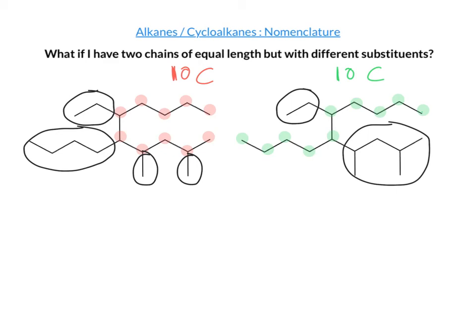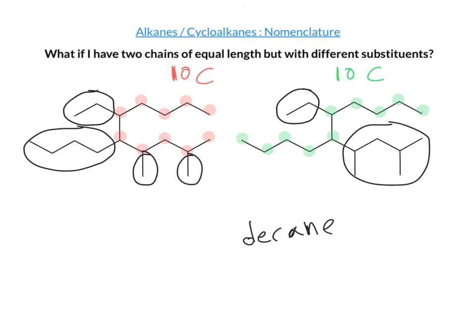And as far as we have the same number of carbons in the parent chain, the parent chain name will be decane, because we have 10 carbons and we use the suffix ane for alkanes.